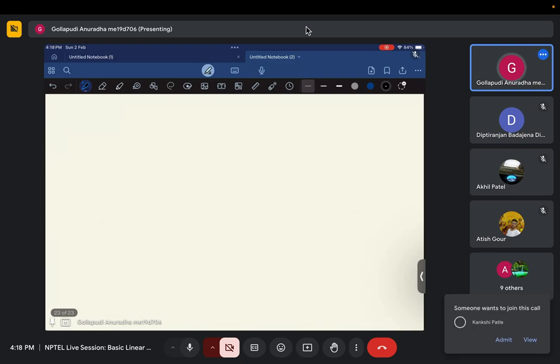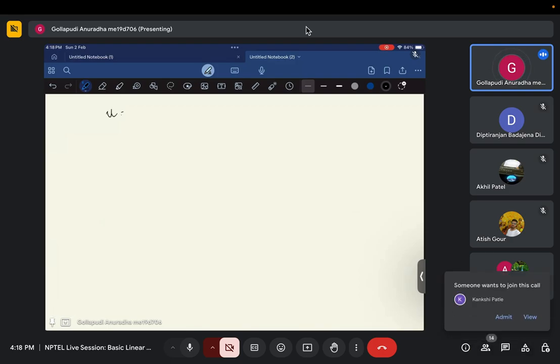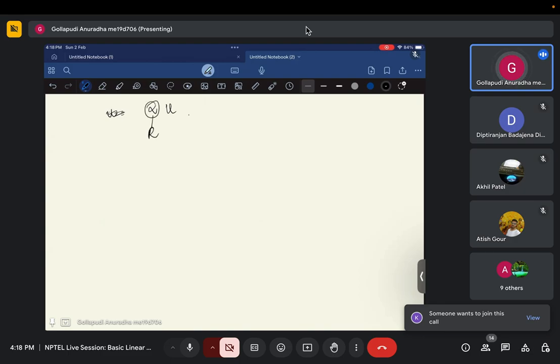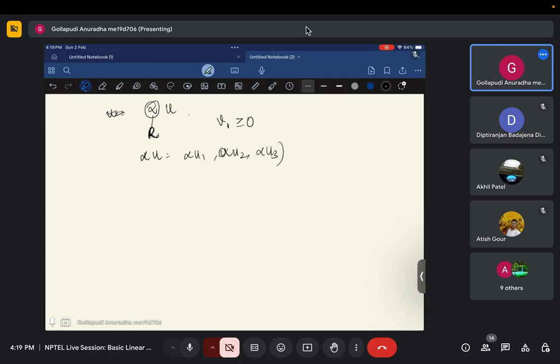Now let's come to the third condition, the scalar multiplication, some non-zero scalar multiplication, this is R, like in the space R, and it can be any scalar. So for example scalar multiplication of u, is there a possibility for this to be less than 0?